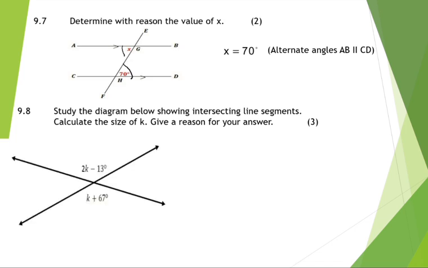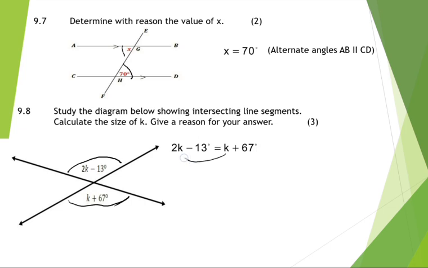Study the diagram below showing intersecting line segments. Calculate the size of K. Give a reason for your answer. So these are vertically opposite angles. If they're vertically opposite angles, 2K minus 13 degrees is equal to K plus 67.